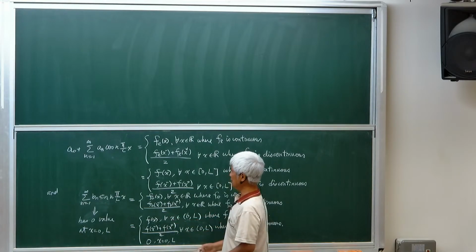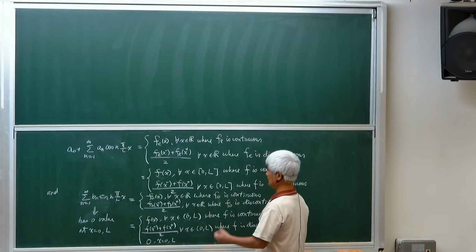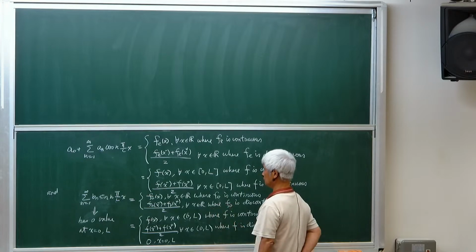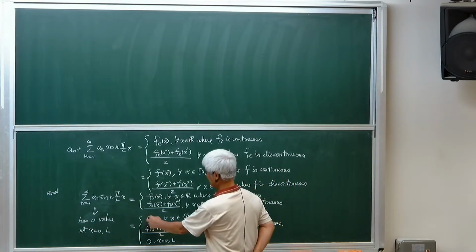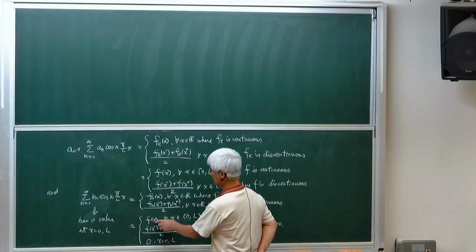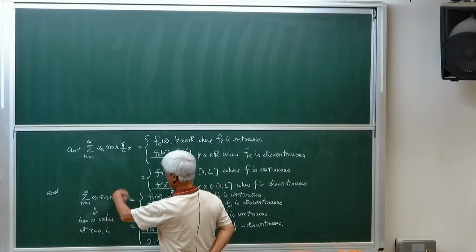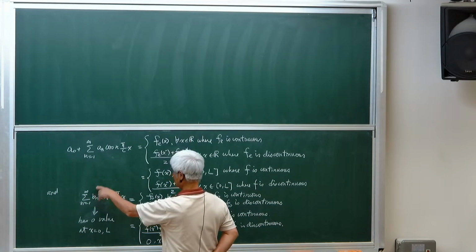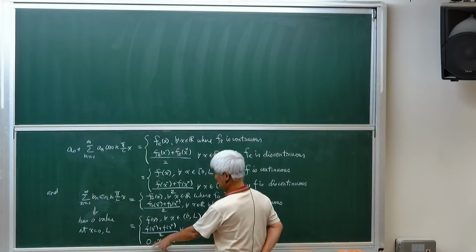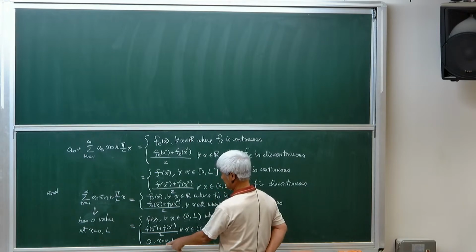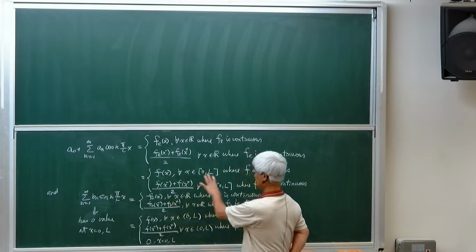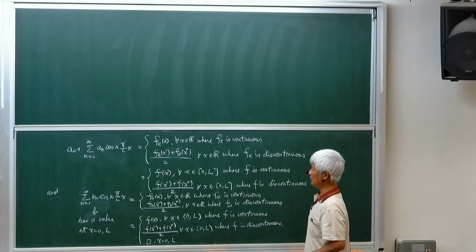But you may not be able to represent the function f at x equal to 0 or at x equal to L. Why? Because the sum of this series is always equal to 0 when x equals 0 or L. Okay, so that is what we learned from them.